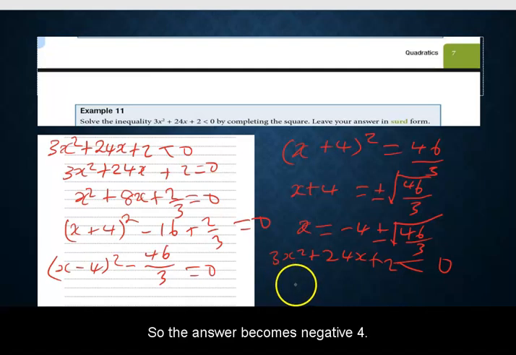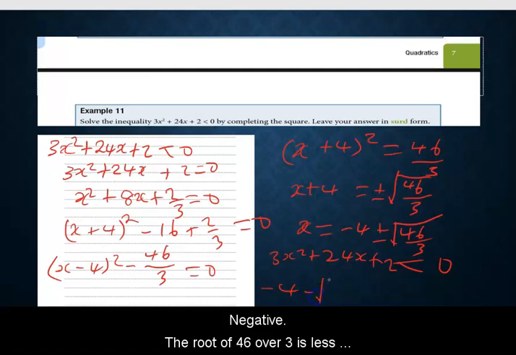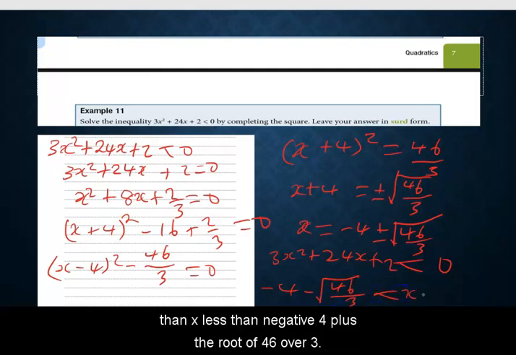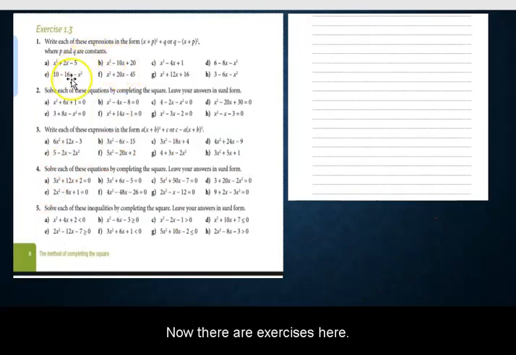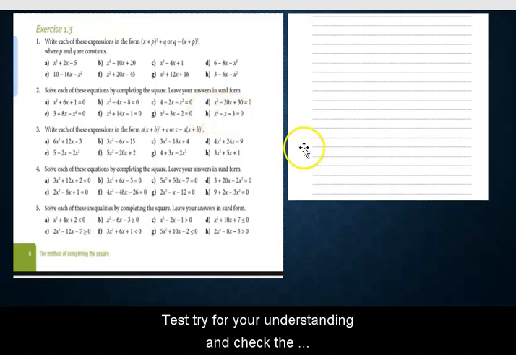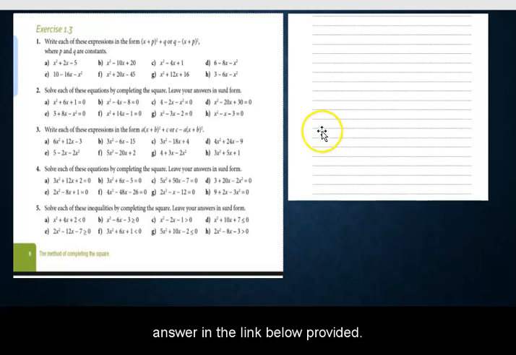So the answer becomes -4 negative the root of 46 over 3 is less than x less than -4 plus the root of 46 over 3. And that is what is required in this equation. Now there are exercises here. Test, try for your understanding, and check the answer in the link provided.